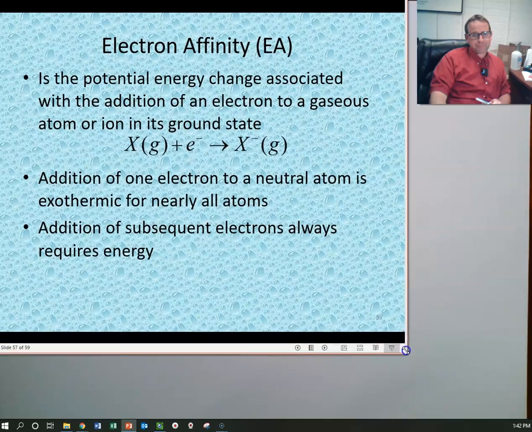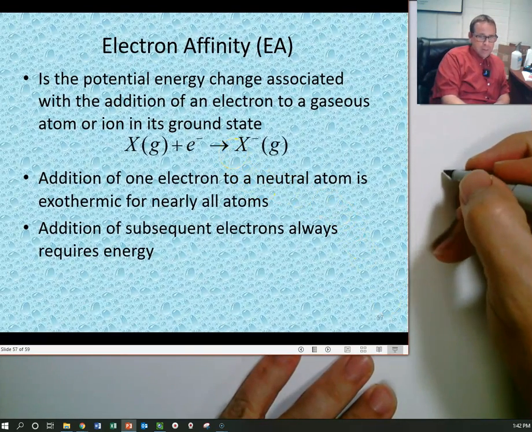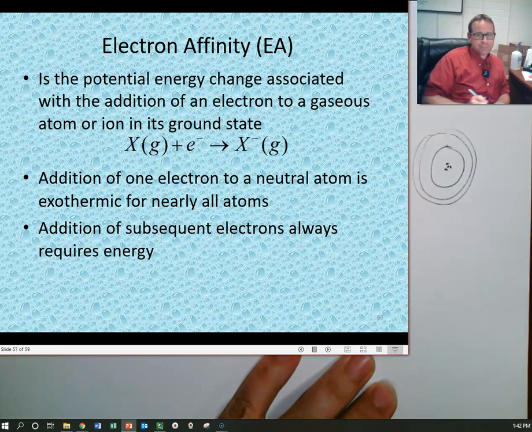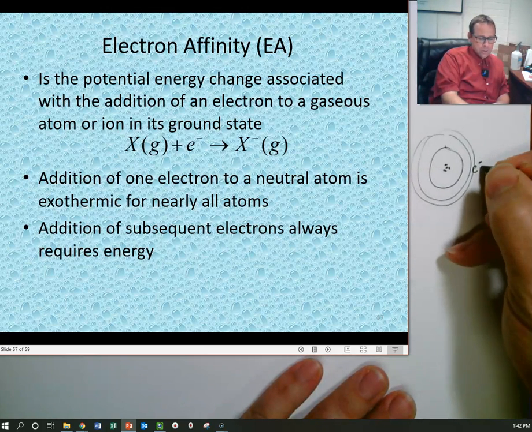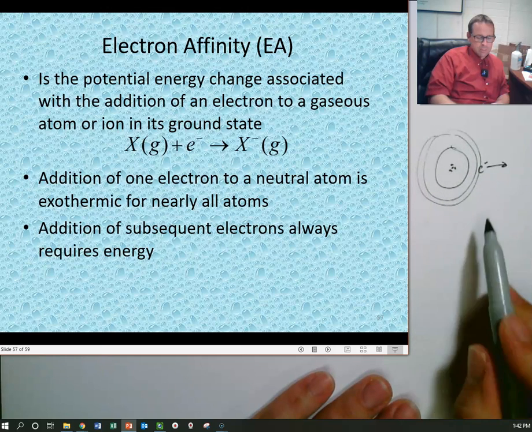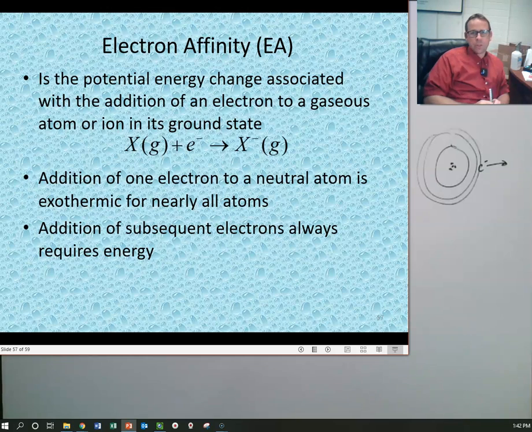electron. Okay? Now, we said that if I have a nucleus with electrons around it, it will always require energy to remove an electron. Kind of like a family with some kids around, it'll always require energy to remove an electron.